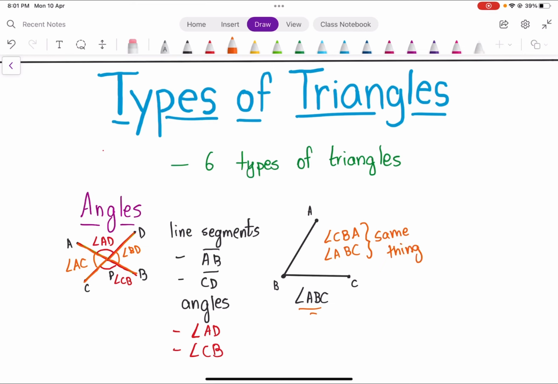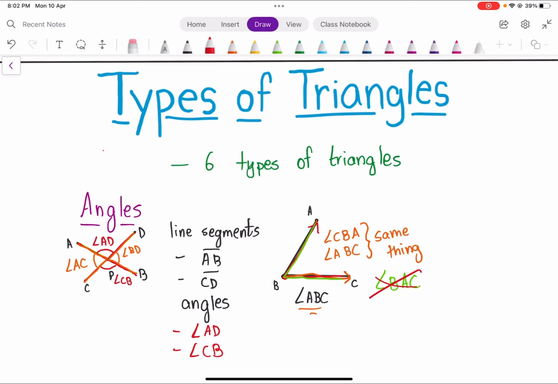Because no matter which order you put it in, if you go from A to C, or if you go from C to A, you still get the same thing. So angle CBA and angle ABC are the same thing. But if we say BAC, do you think that would work?